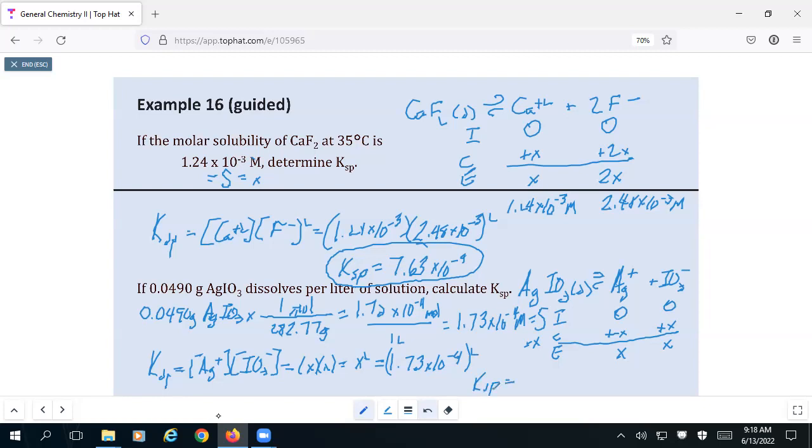So 1.73 times 10 to the negative 4th squared. To 3 significant figures, 3.00 times 10 to the negative 8th.